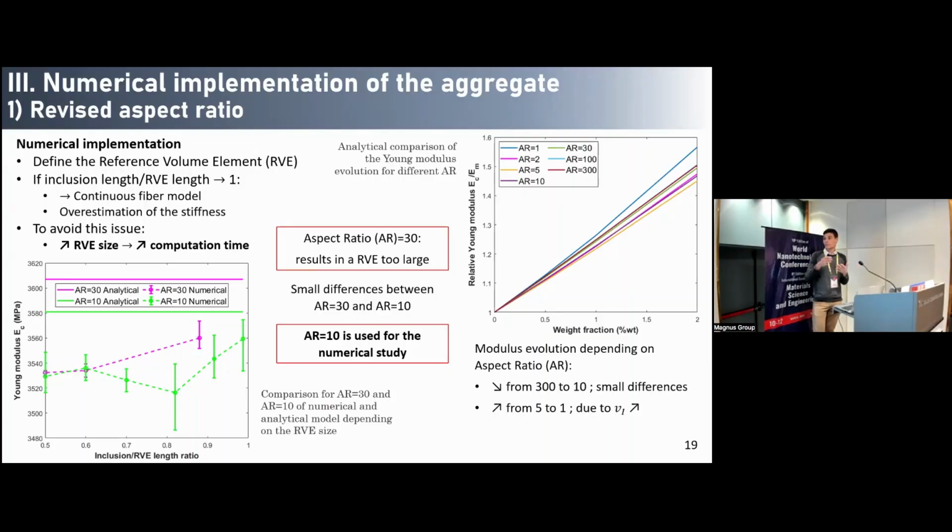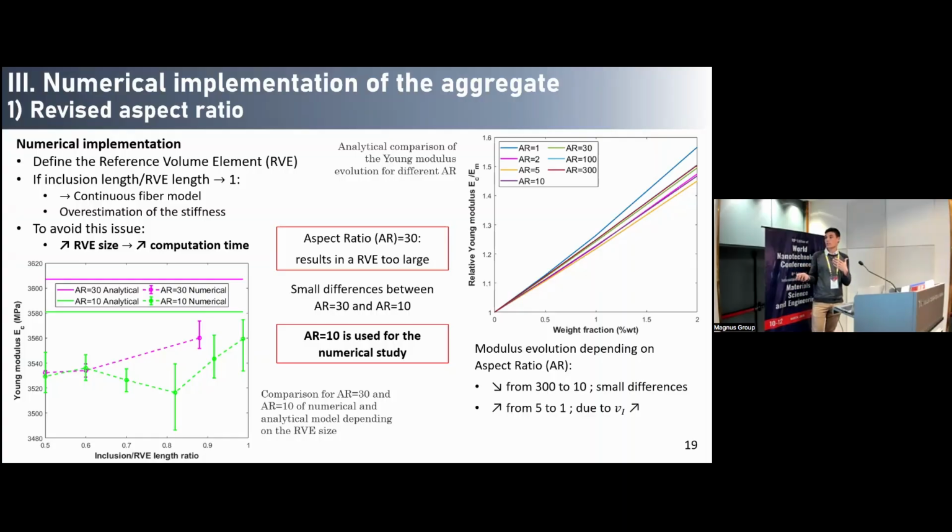But if we do that, it necessitates more computation time, and it might be limited on this software. Furthermore, we studied the aspect ratio, so the ratio between the length and diameter of the particle. We've seen that between 300 and 10, there were no big differences linked to the aspect ratio, but smaller than 10, there is some big difference.